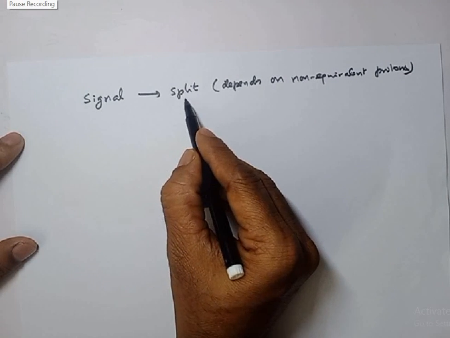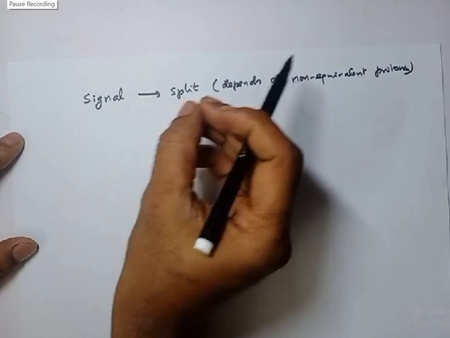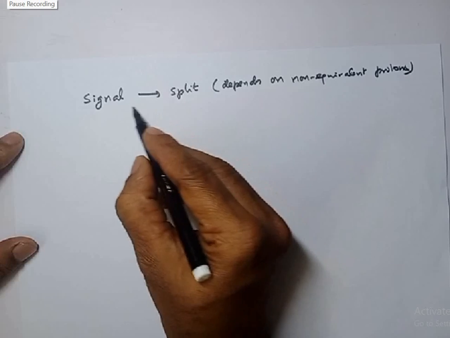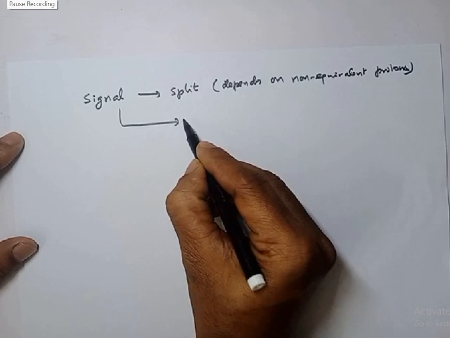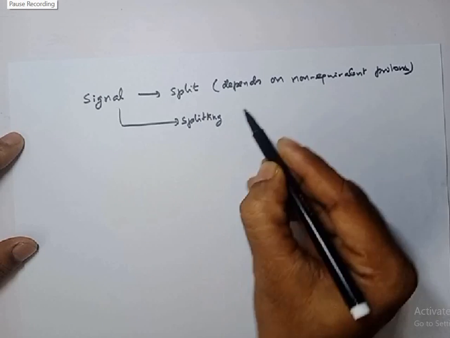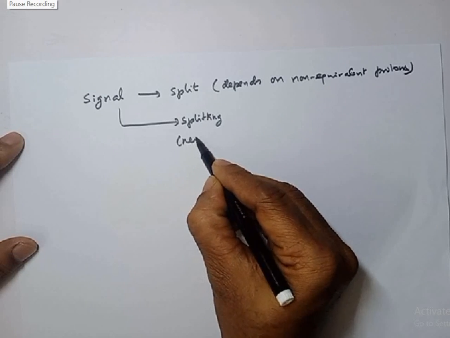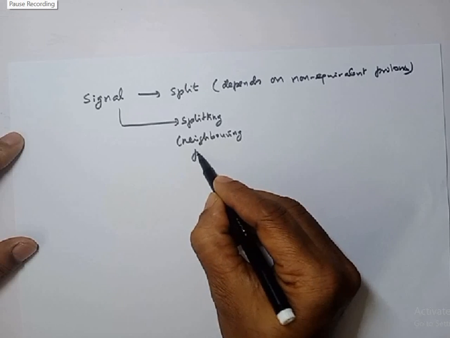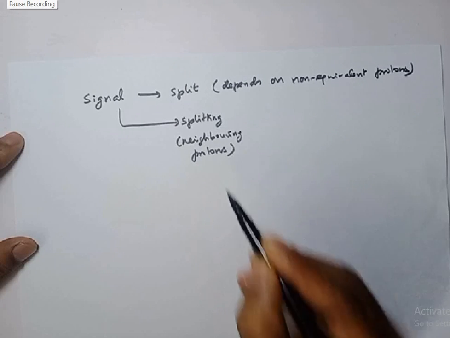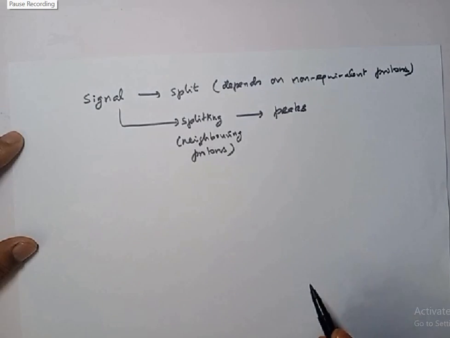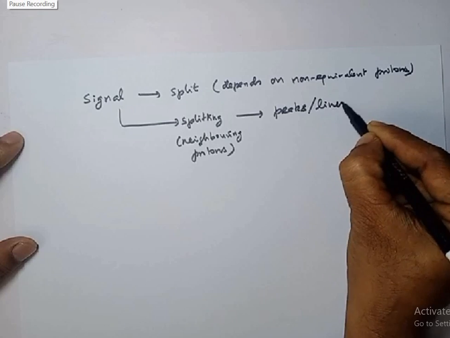After splitting, the signal is split into a number of lines, also called peaks. A signal after splitting by the neighboring protons gives what are called peaks, also called lines.